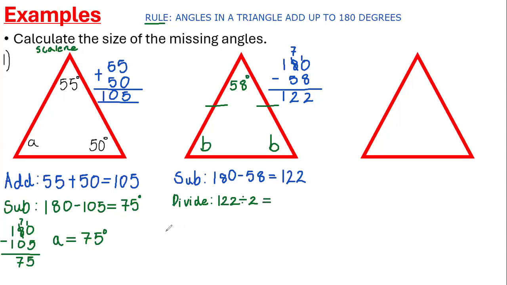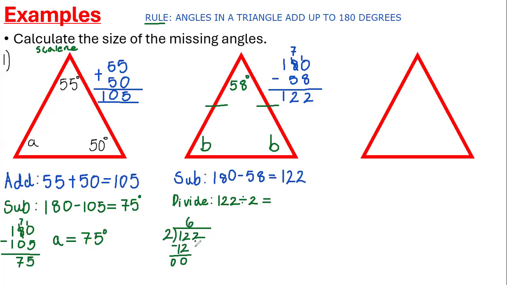2 into 122. How many times does 2 go into 12? 6 times. 2 times 6 is 12. 12 minus 12 is 0.